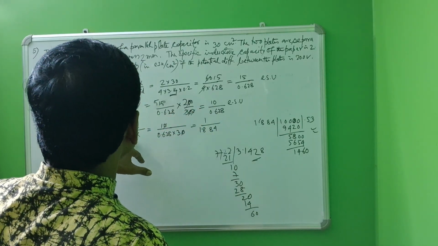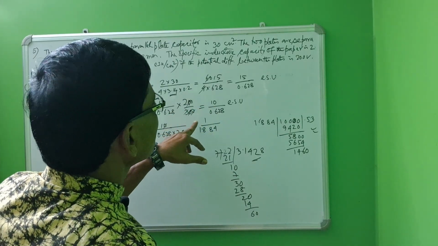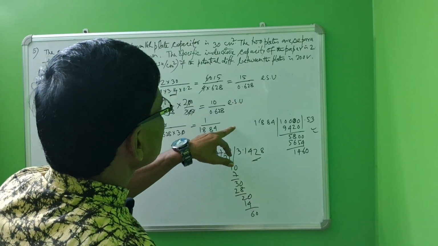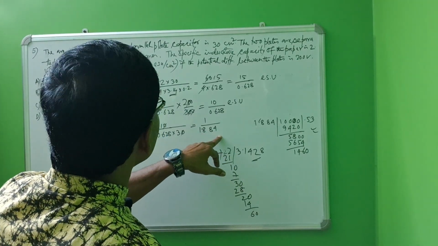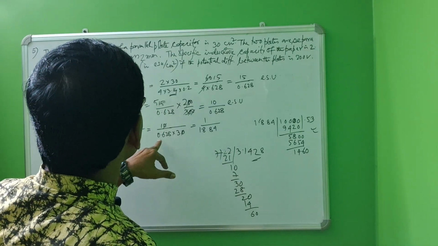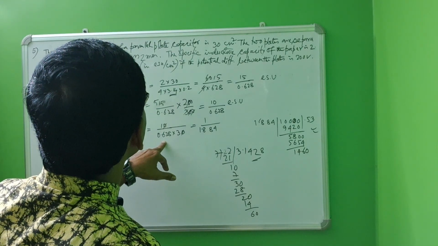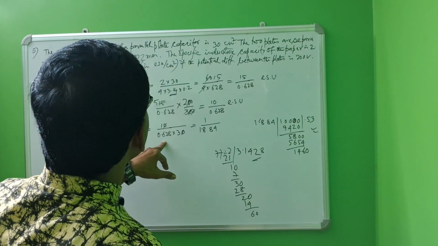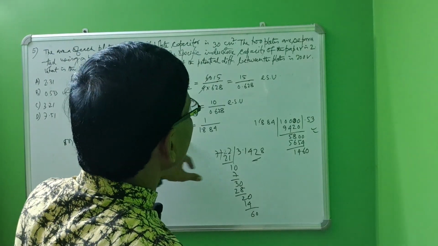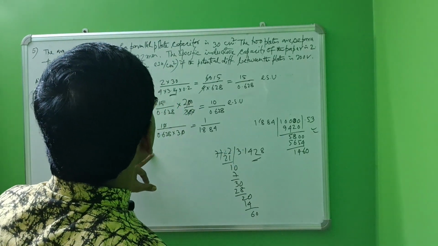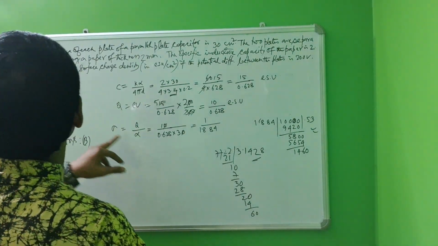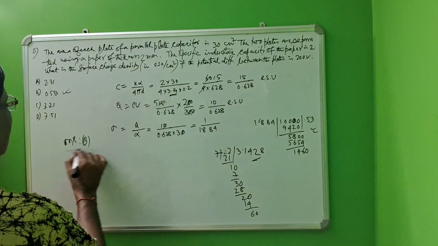When Q decreases, then sigma will also decrease, but here it increases. So nothing to be lost here. So answer B is the answer.